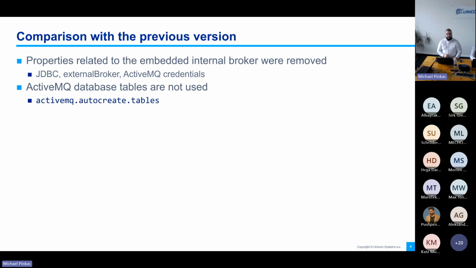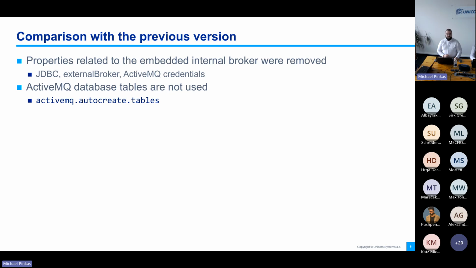Specifically, the JDBC properties for the internal broker, so the connection to the database for the internal broker, then also the external broker properties, and the ActiveMQ credentials, which were used for some monitoring for the health check.